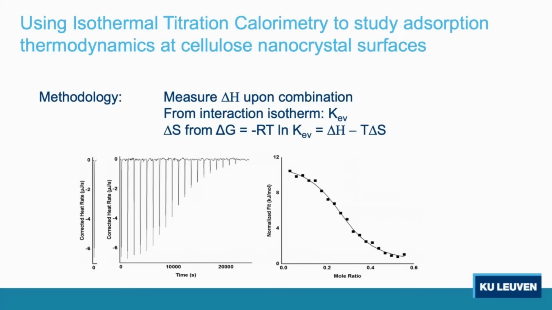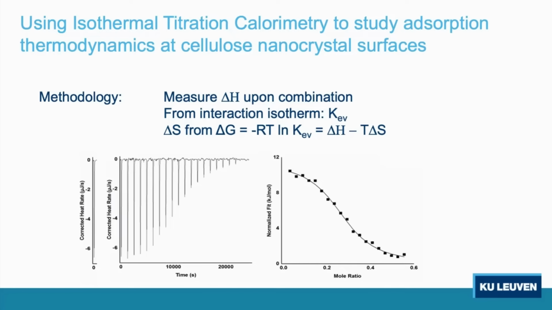Then if you plot that from the height difference here, you can get the enthalpy of interaction. Then from the inflection point, you can get the equilibrium constant. The equilibrium constant allows you to calculate the Gibbs free energy. And from the first law of thermodynamics, you can calculate the entropy of interaction. So you can get all the thermodynamic parameters.